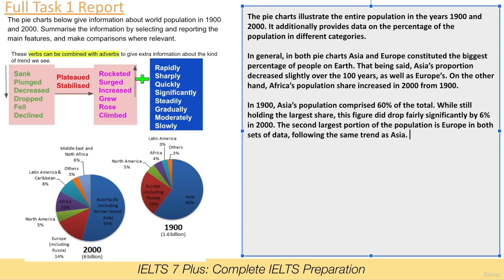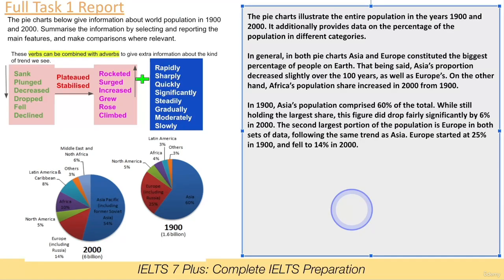So we're comparing now between the two. Europe started at 25% in 1900 and fell, we're using these words here, and fell to 14% in 2000. Okay, so we've described the trend, the groups that have decreased.